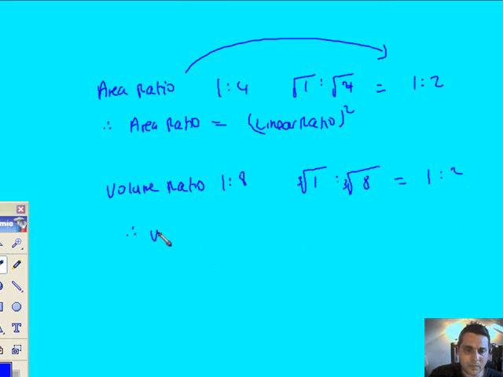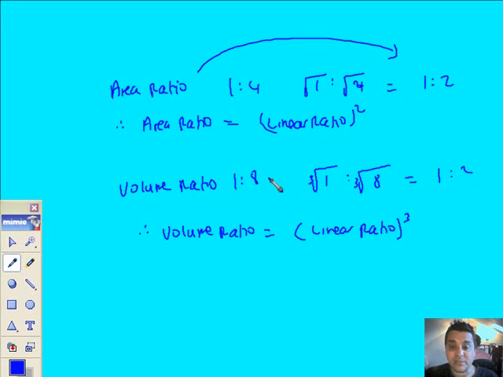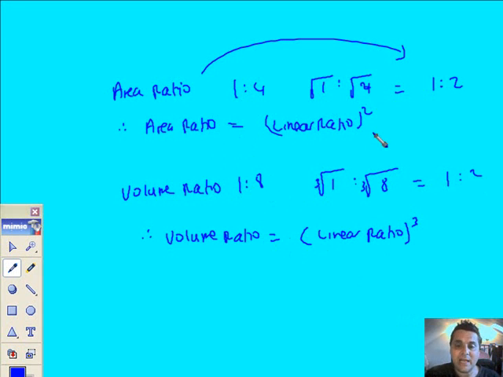So therefore, the volume ratio is in fact the linear ratio cubed. If I cube the 1, I get 1. If I cube the 2, 2 times 2 times 2, I get 8. So there's always a direct link between the linear ratio and the corresponding area ratio, and the linear ratio and the corresponding volume ratio.